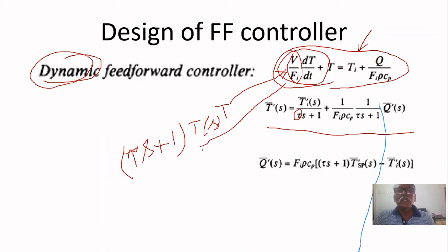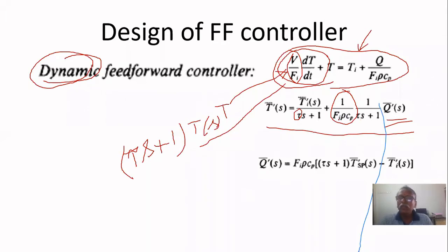So T of S equals Ti of S by tau S plus 1, plus 1 by Fi rho Cp, all constant, we are assuming constant feed flow rate, times 1 by tau S plus 1, Q of S.